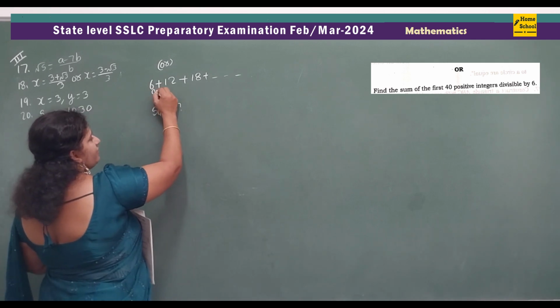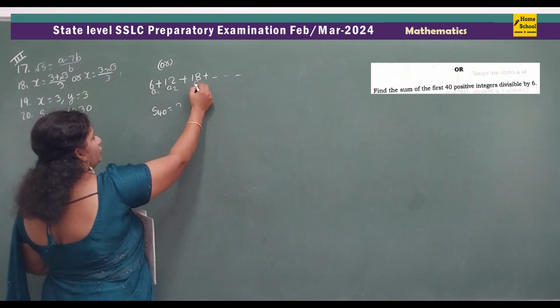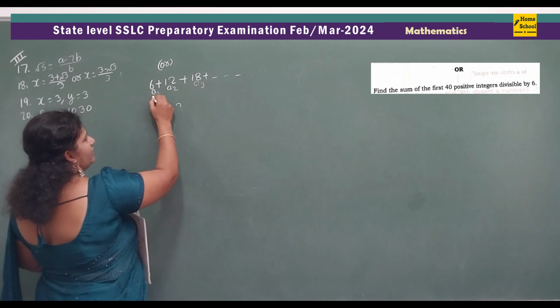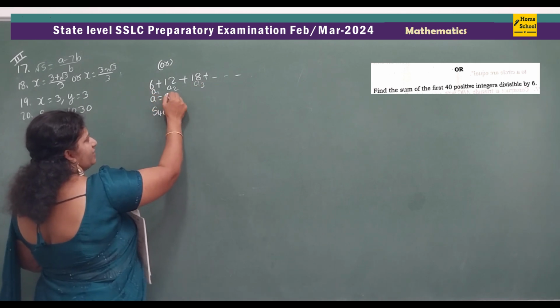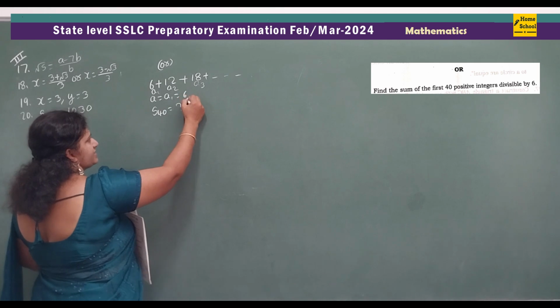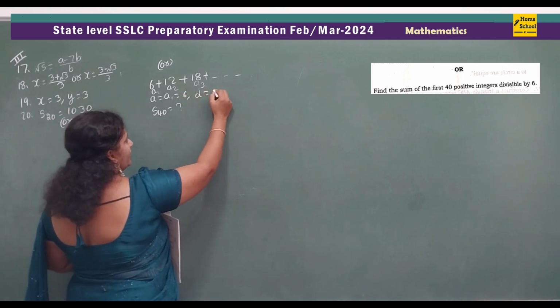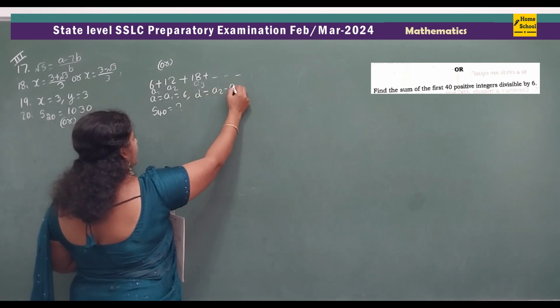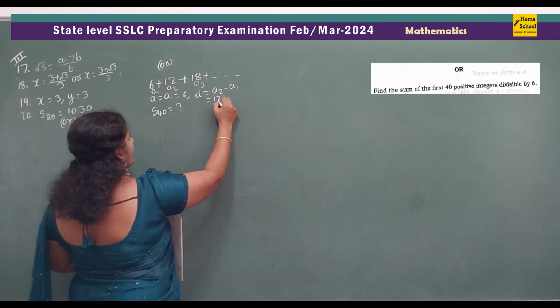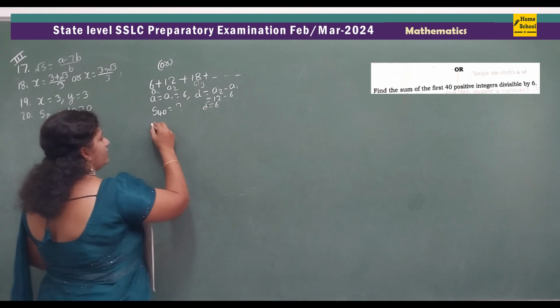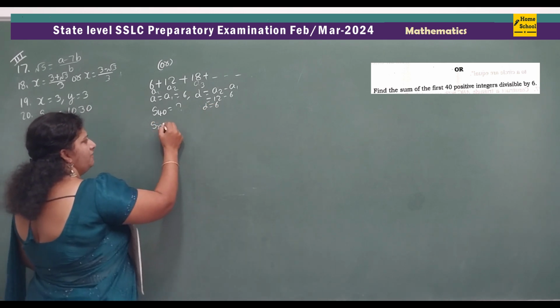Now as usual, write A1, A2, A3. First term is nothing but A1, that is 6. Common difference A2 minus A1, that is 12 minus 6, that is also 6. Now write the Sn formula.